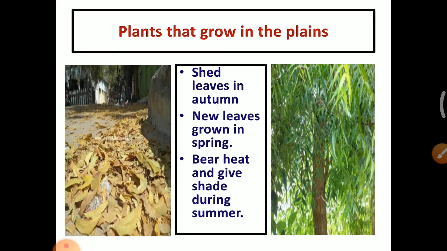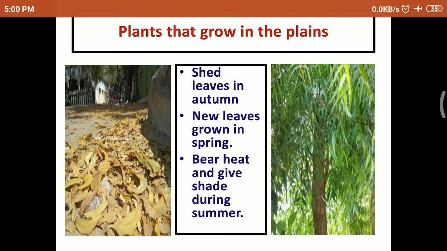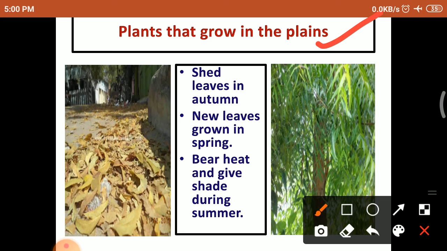The next one: these plants shed their leaves in autumn and new leaves grow in spring. And also these trees can bear heat and give shade during the summer. In a plain area, you know that the neem tree and peepal tree are grown. These neem and peepal trees shed their leaves in the autumn season.